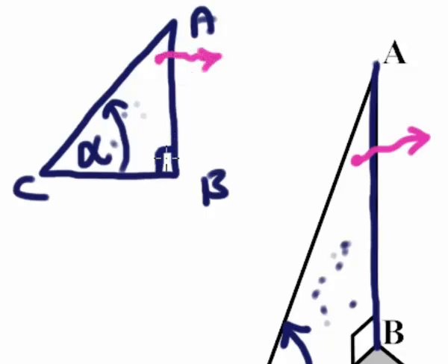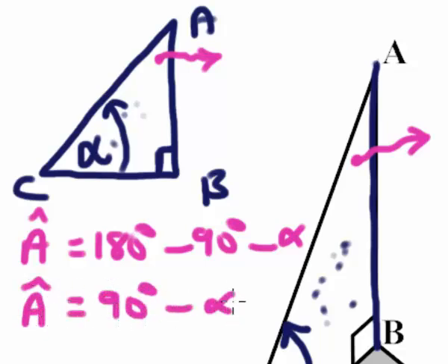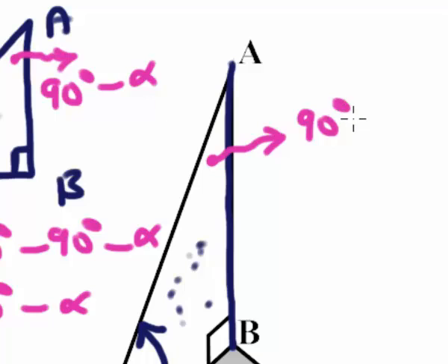Well, if that's 90 and that's alpha, that angle A would be 180 degrees, subtract the 90, subtract the alpha, because these angles add up to 180. So if you subtract these two from 180, you'll notice that that comes to 90 minus alpha. So that angle there is 90 minus alpha, and this one over there, 90 minus alpha.